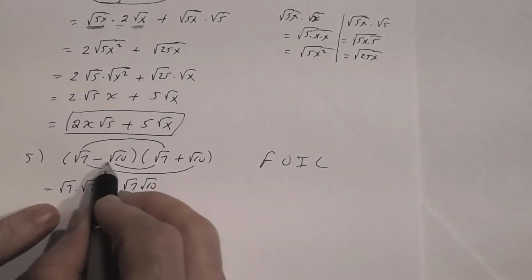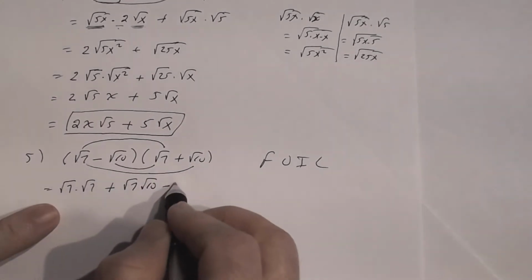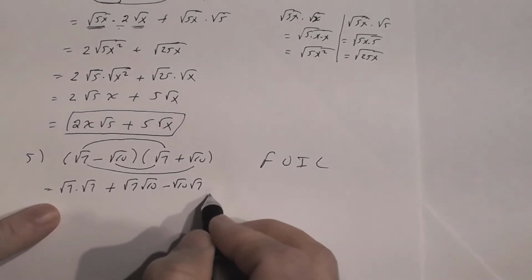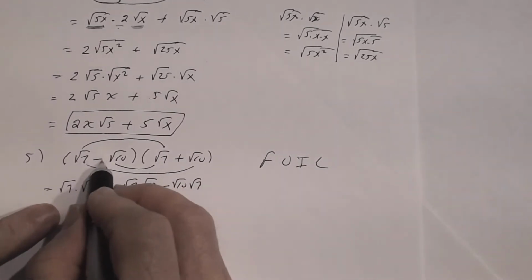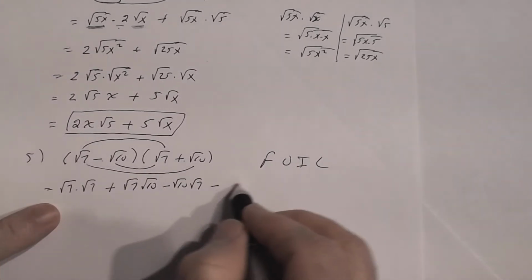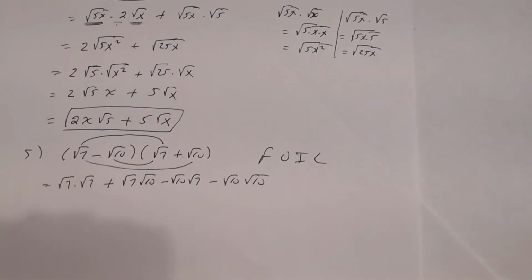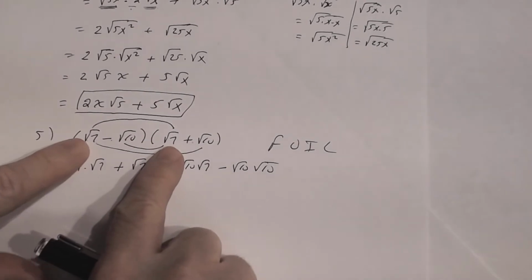The inner, a negative times a positive is a negative, so it'll be square root of 10 times square root of 7, okay? And then the last, a negative times a positive is a negative, and so that becomes the square root of 10 times the square root of 10, okay? So I just wrote out what I'm looking at.